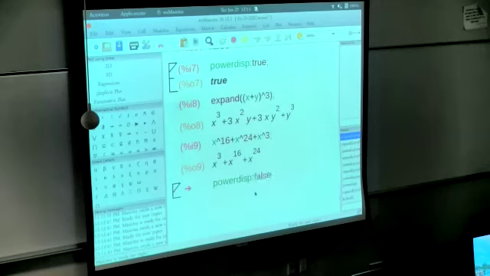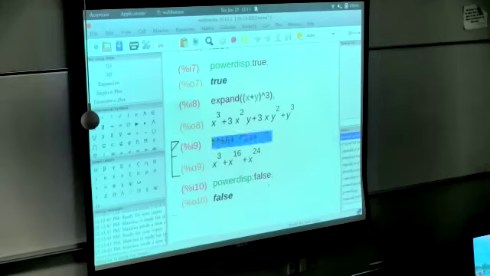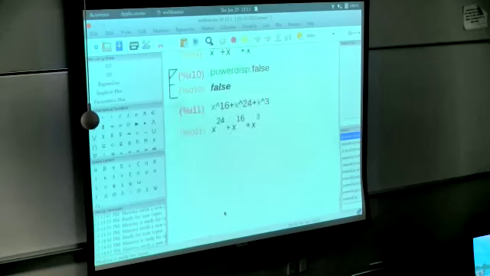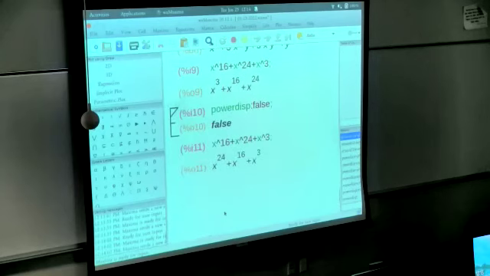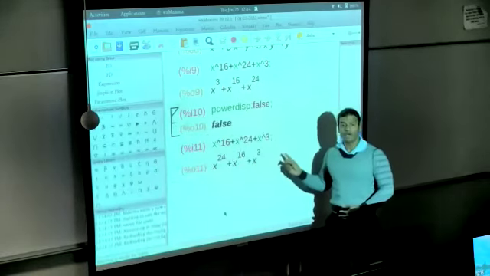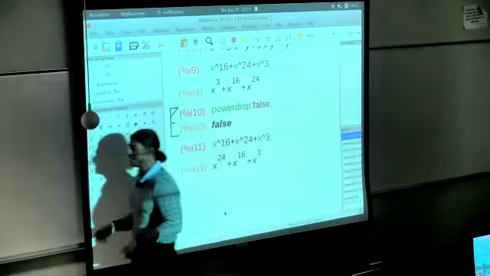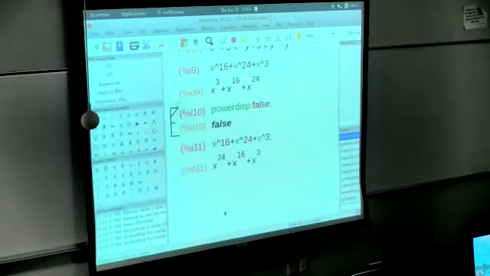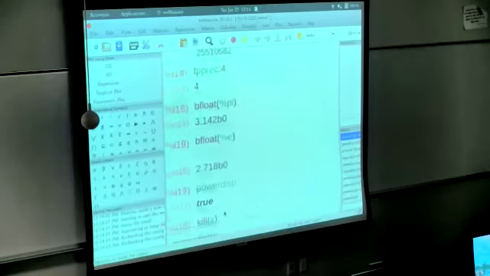If I made it false, it will switch the order and give me x raised to 24 plus x raised to 16 plus x cubed, right? So once again, it's just switching the order in which the powers are displayed, unlike what we did at the very beginning.